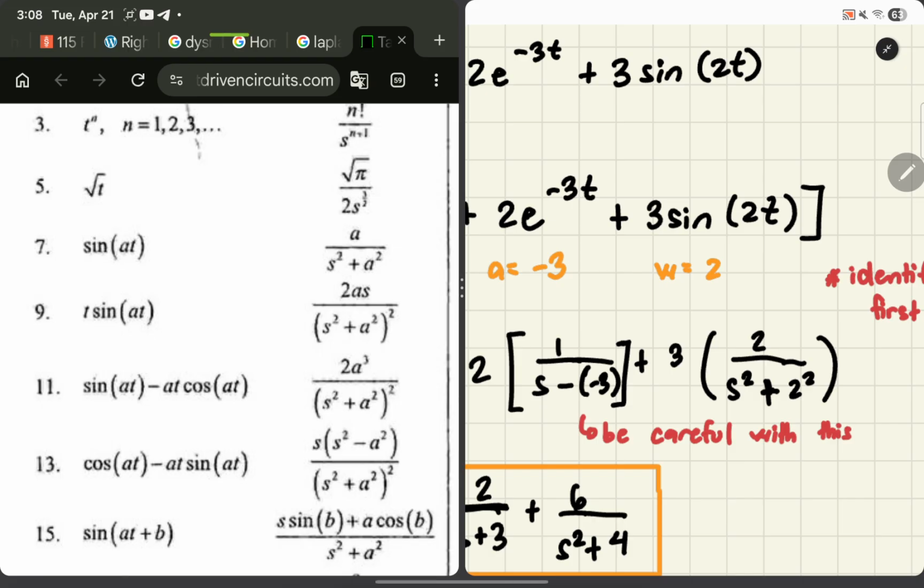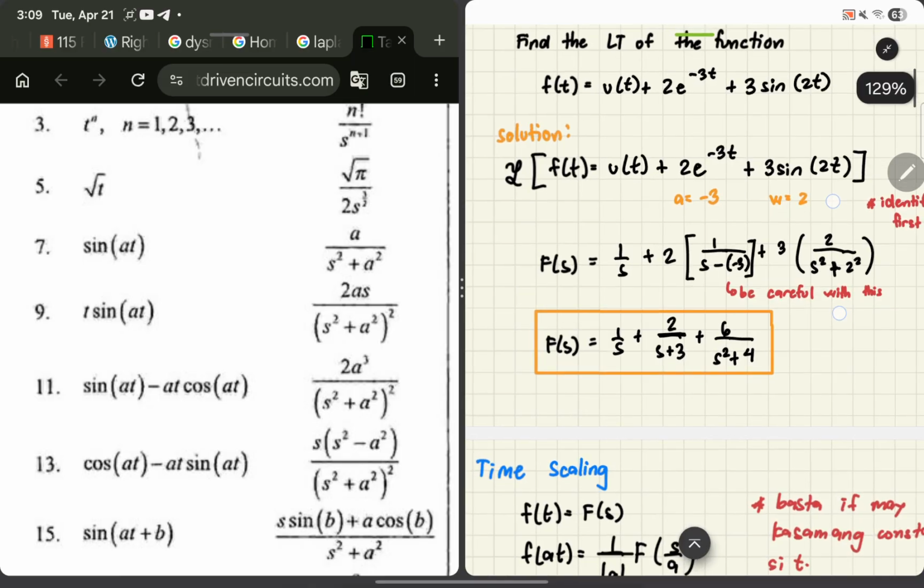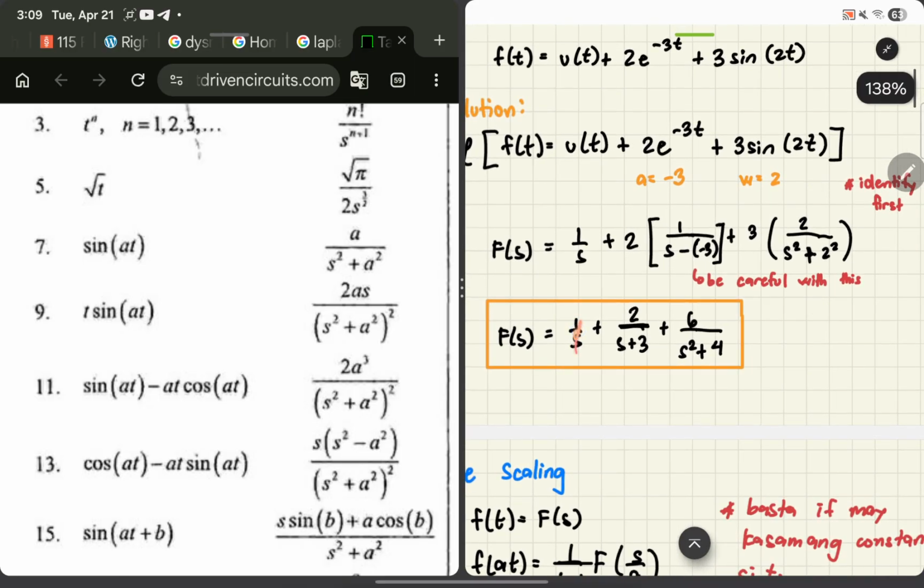Therefore, the a is just 2. So let's just substitute the a. The formula says a over s squared plus a squared, so it will become 2 over s squared plus 2 squared. Simplify: 1 over s, plus 2 over s plus 3, because it's negative times negative, plus 3 times 2, which is 6, over s squared plus 4. That's the final answer.